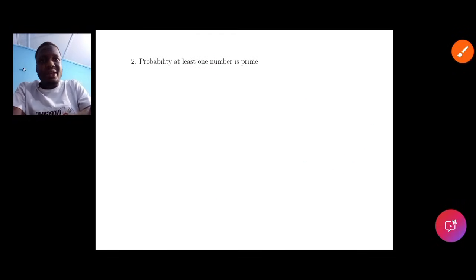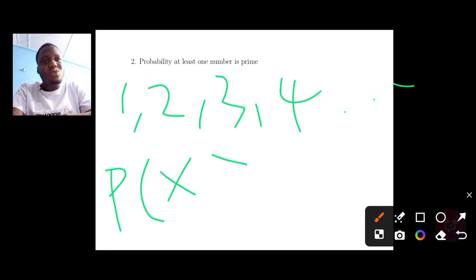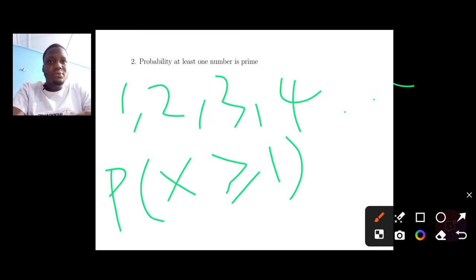At least one means that either you get 1 or 2 or 3 or 4 or whatever. It's just saying that you should get 1 or more. There's no upper limit, you can get like 17, but you should get at least 1.